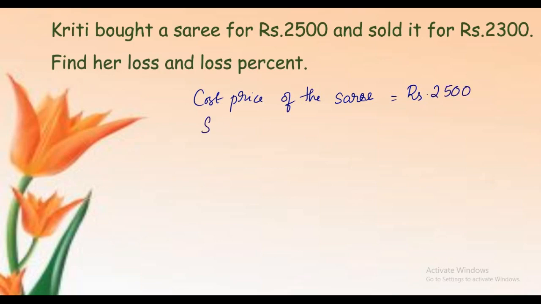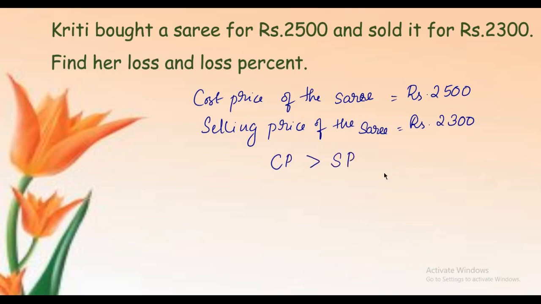And what about the selling price of the sari? Selling price of the sari is rupees 2300. Here you can see that the cost price is greater than selling price. In another way, selling price is less than cost price. In such a situation, Kriti is having a loss.